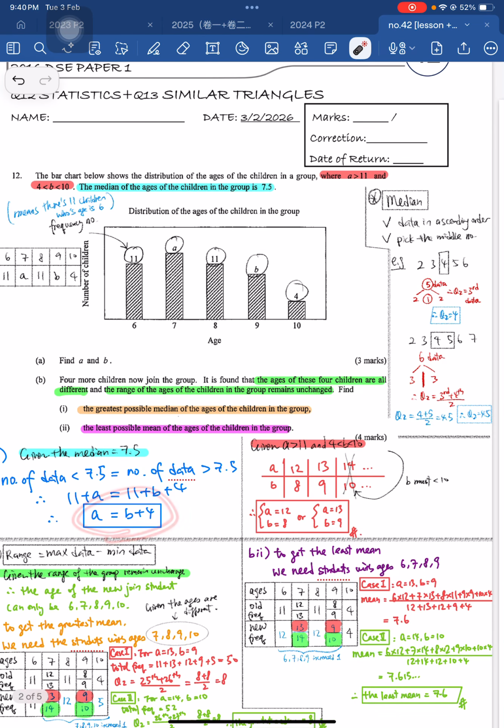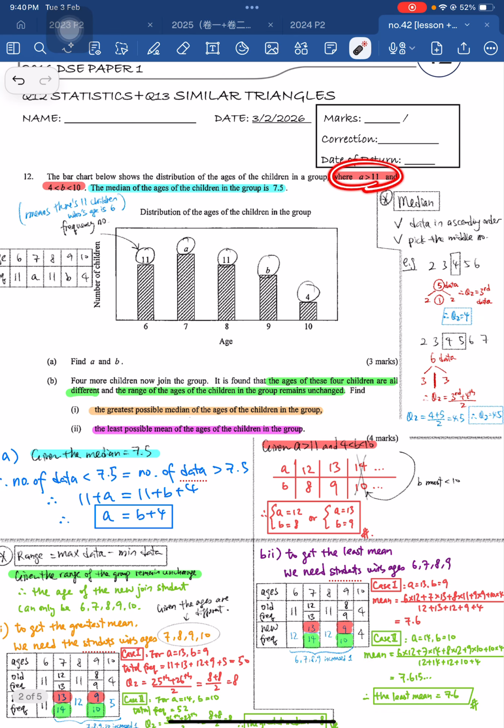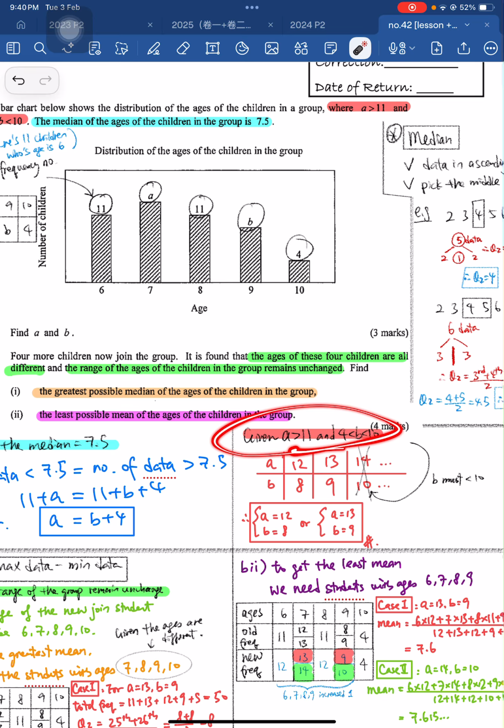Because of the condition highlighted in red, A is greater than 11 and B is between 4 and 10, we can consider that A can be 12. It doesn't count for 11, so the next integer that fulfills this inequality is 12. When A is equal to 12, B must equal 12 minus 4, giving you 8. Then the next case, A can be 13.